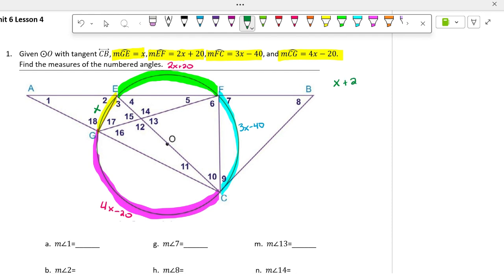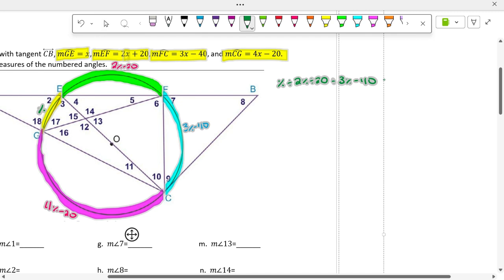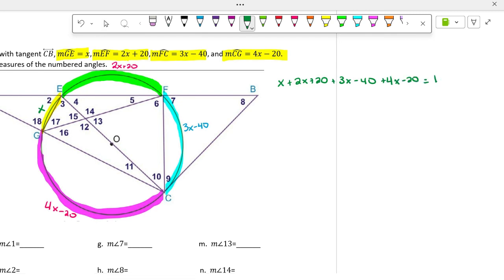So I have x plus 2x plus 20 plus 3x minus 40 plus 4x minus 20 is equal to 360. So if I combine like terms, x plus 2x is 3x, plus 3x is 6x, plus 4x is 10x. 20 minus 40 is negative 20, minus 20 is negative 40.